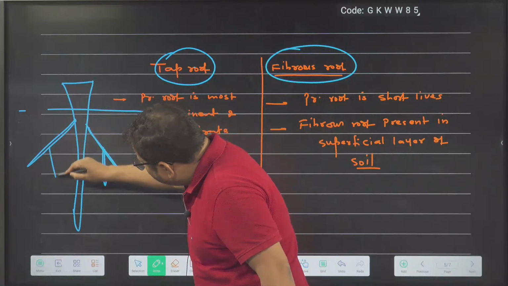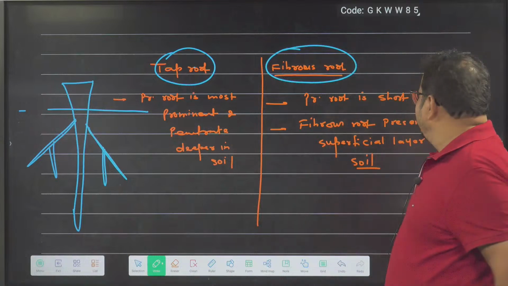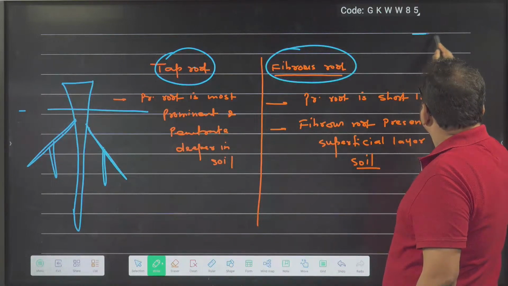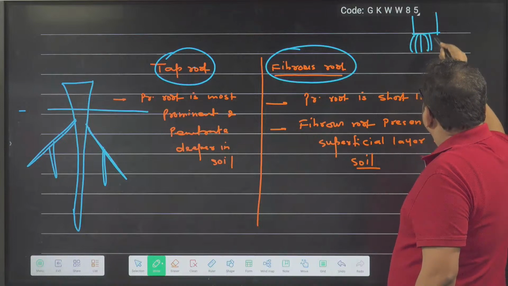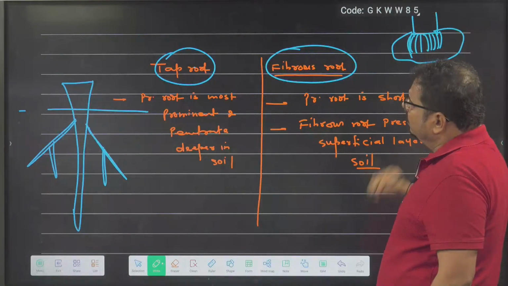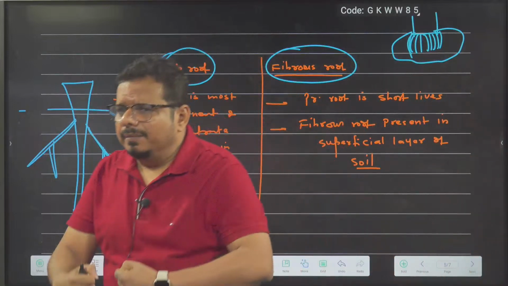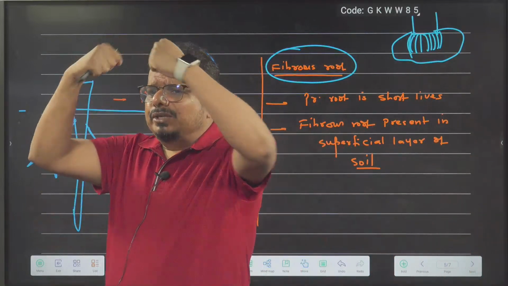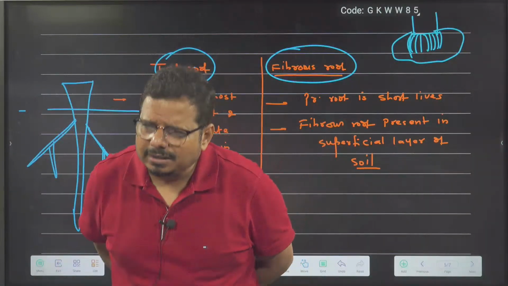It is holding the plant in the soil in a better way. If you talk about the fibrous root, what is the story? These cover the superficial layer of the soil.